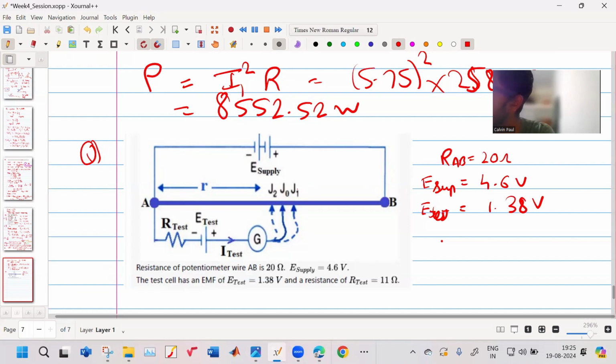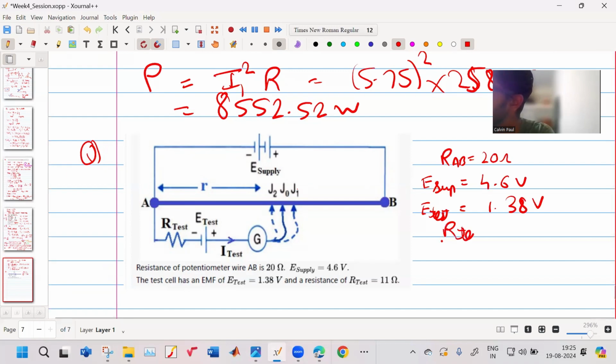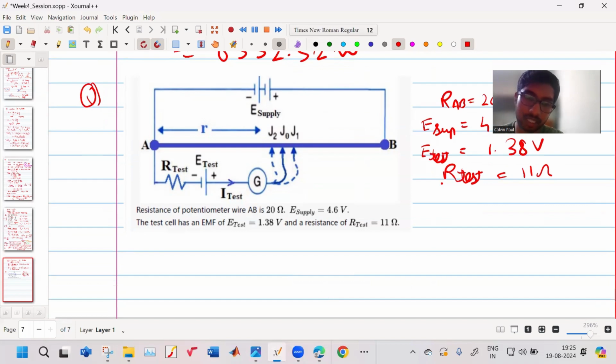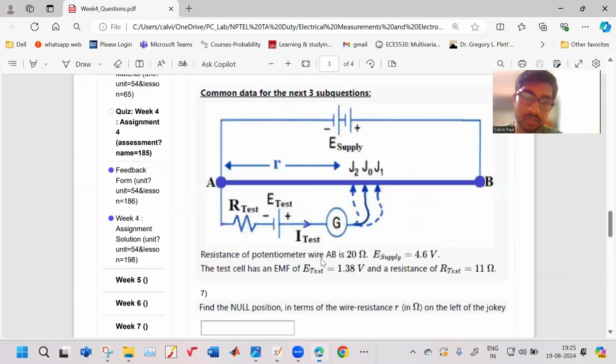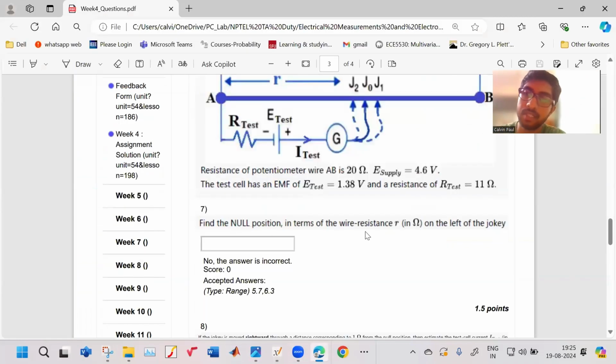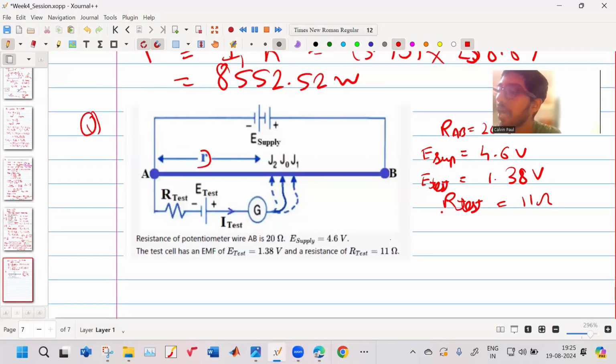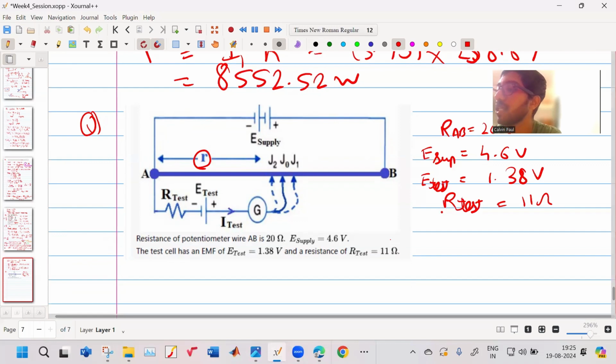And this R test is actually 11 ohm. Now what they are asking us is to find the null position in terms of the wire resistance R in ohm on the left of the jockey. So they are saying at which length R will this jockey be balanced?